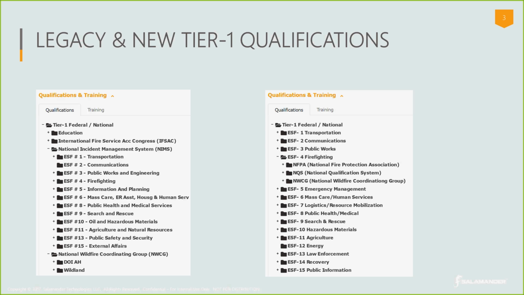You have the National Qualification System, which is what FEMA started several years ago to try to get a standardized qualification identification system across the country with task books, et cetera. And then you have the National Wildfire Coordinating Group. So again, there are multiple qualification or standards bodies within each of the respective emergency support functions, and we've just opened up one of them there as an example.